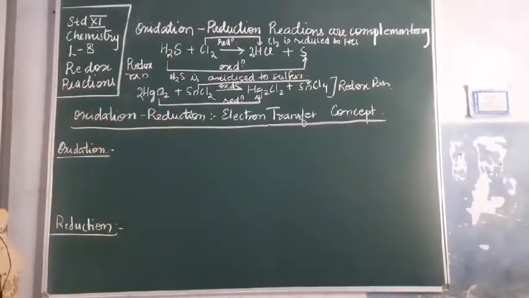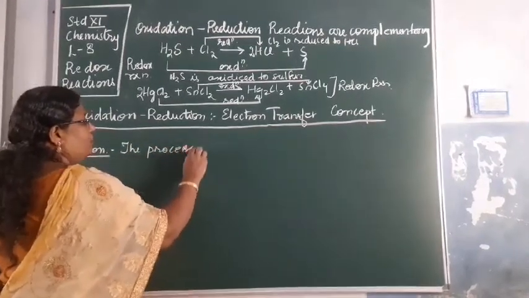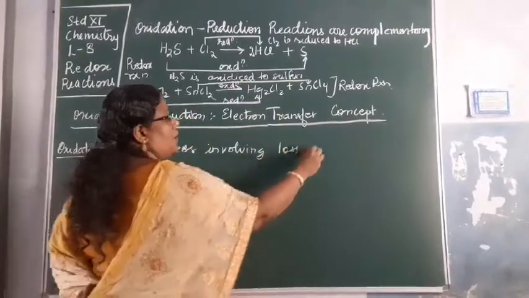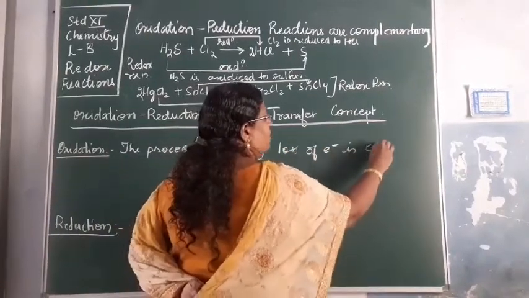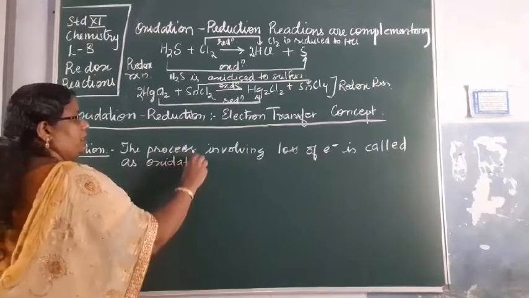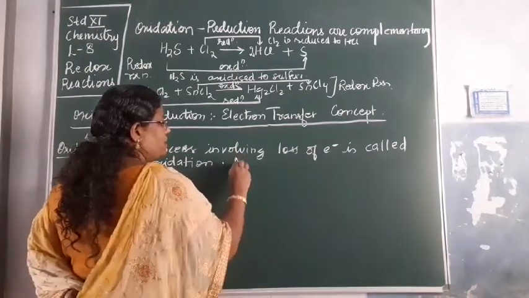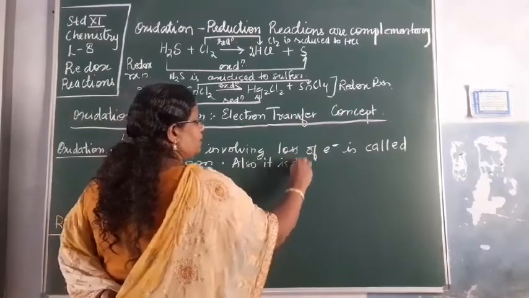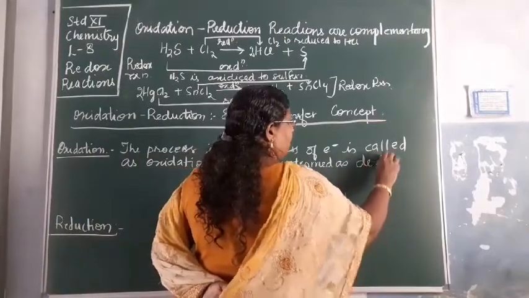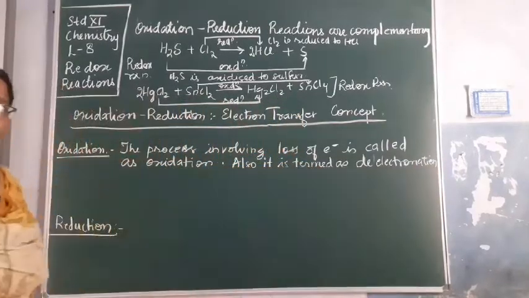So with respect to this concept, the process involving loss of electron is called oxidation. Or it is also termed as de-electronation, which means you are removing the electron.